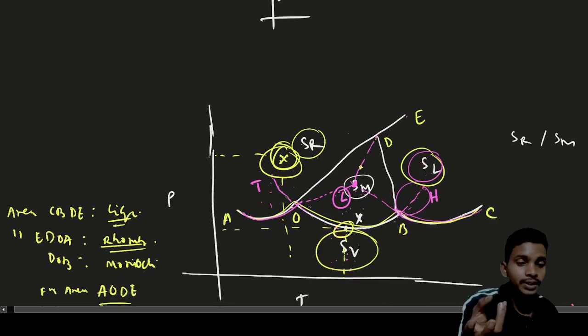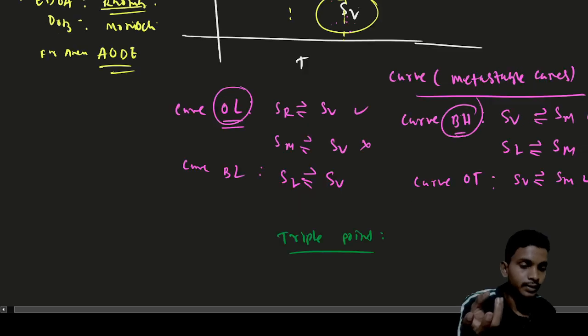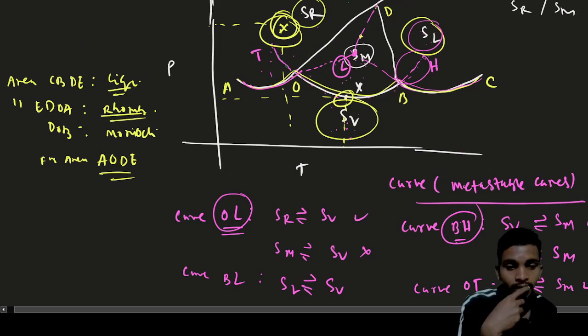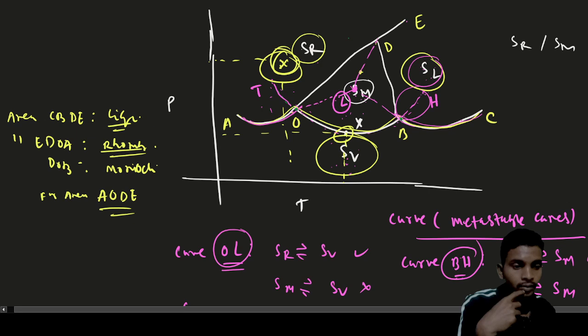Similarly, the triple points here, so the triple points are one is this O, another is this B. Triple points are O and B. So this O here, one side is SR and here is SB, another is SM.